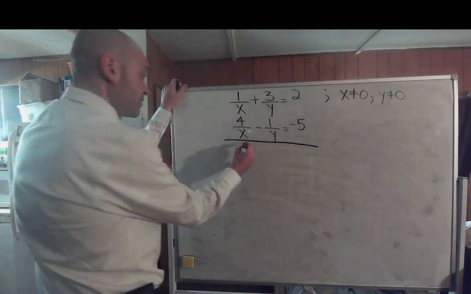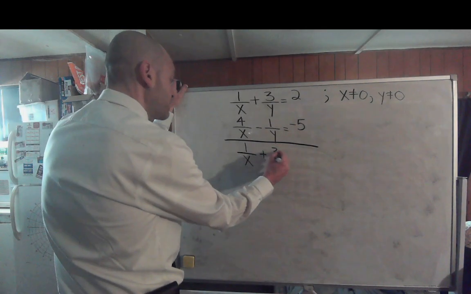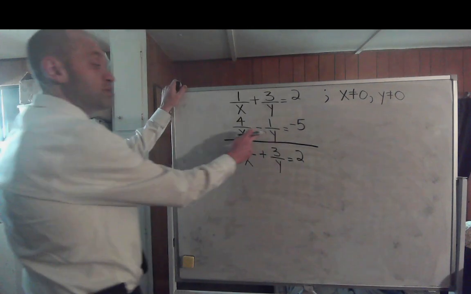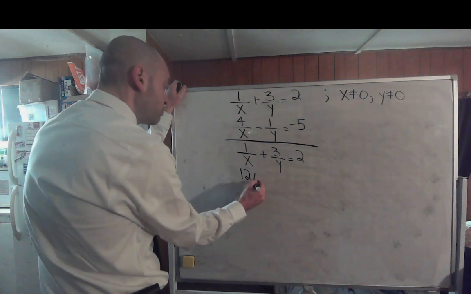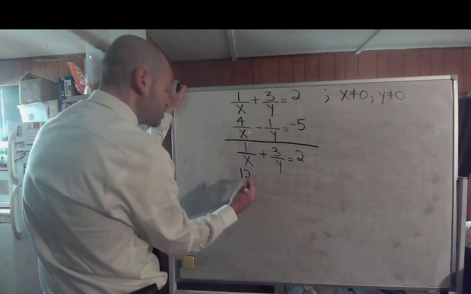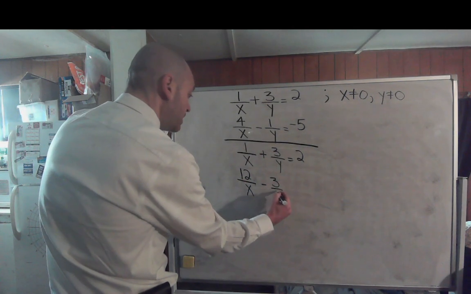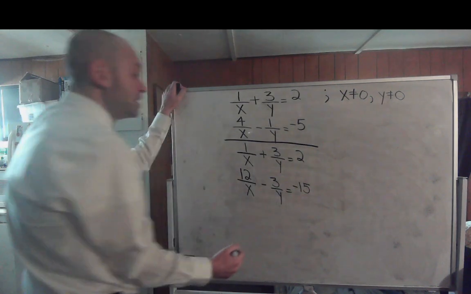So let's leave the first equation alone. You'll have 1 over x plus 3 over y is equal to 2, but now multiply your entire second equation by 3, and you would get 12 over x minus 3 over y equals negative 15.